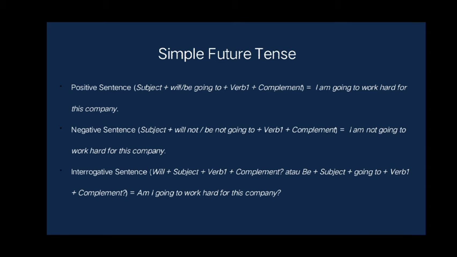For a negative sentence, the formula is subject plus will not or be not going to plus verb 1 plus complement. For interrogative, the formula is will plus subject plus verb 1 plus complement, or we can use be plus subject plus going to plus verb 1 plus complement.